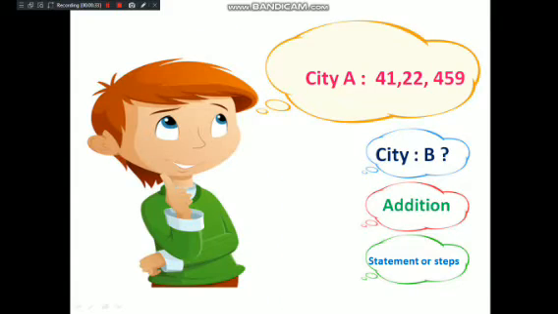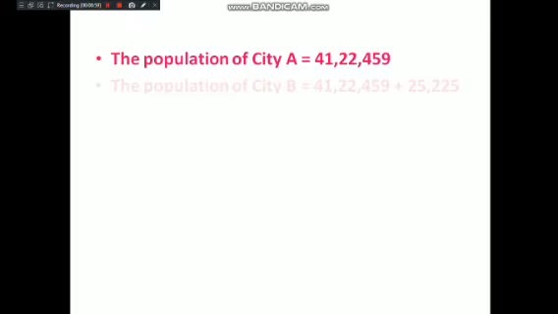Here we know that the population of city A is 41,22,459. We have to find the population of city B and the given problem belongs to addition. To solve the problem, we have to make the statements or steps. The first statement is that the population of city A is 41,22,459.